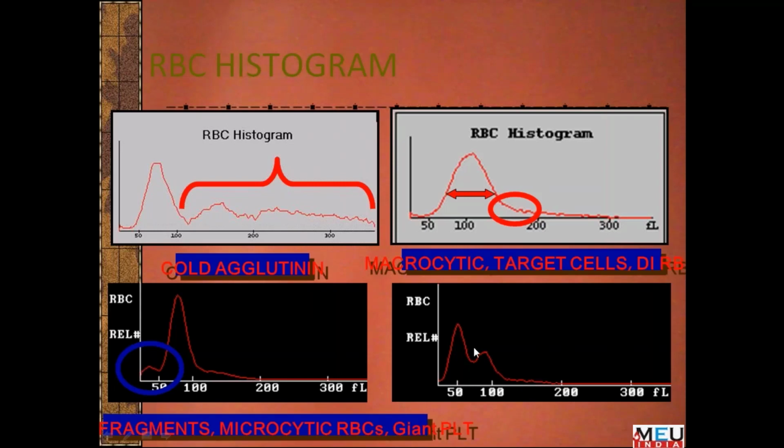And here you see that there are two dual peaks. Dual peak is seen in dimorphic anemias, in patients who have had a blood transfusion or have taken treatment after iron deficiency anemia.